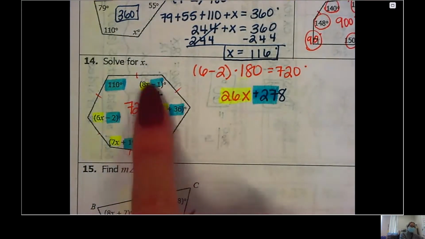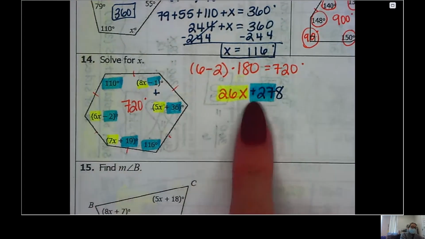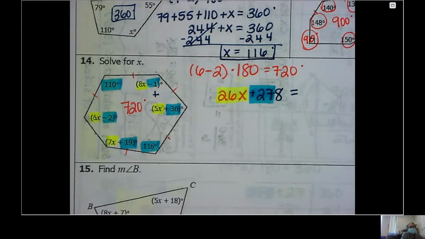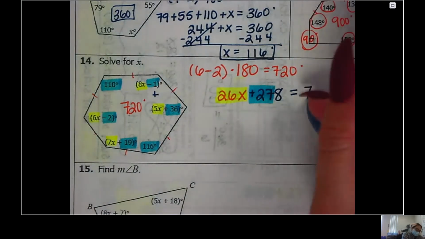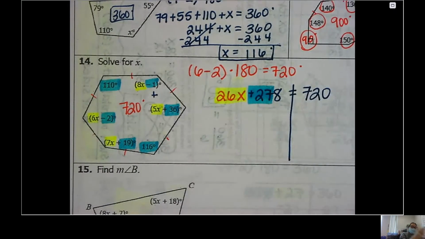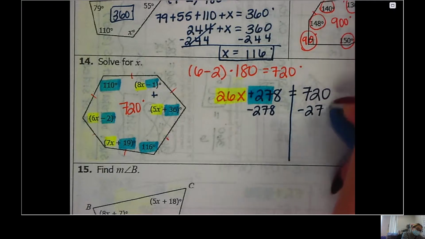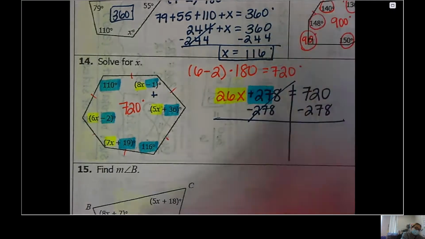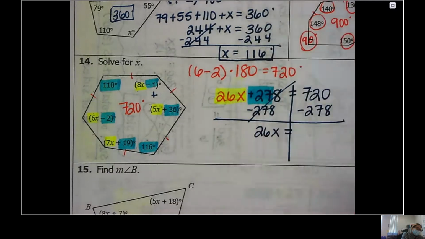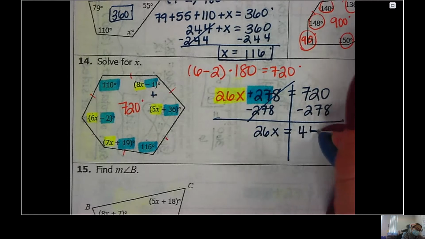Okay, so all my x's together is 26x. All of my numbers together is a positive 278, and I set that equal to the total, which is what? 720. Okay, now it's an algebra problem. What should I do first? Subtract 278. I get 26x equals 442.